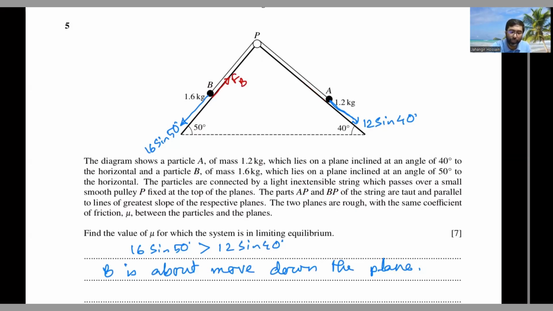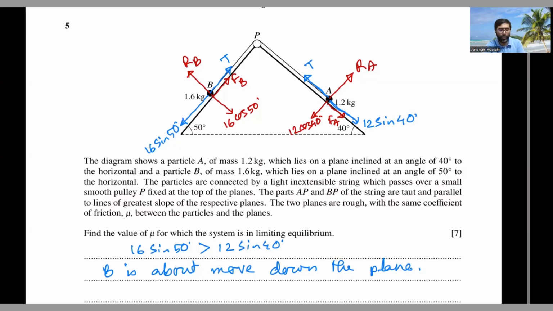The normal reaction on B is equal to the normal component of weight, which is 16 cos 50, and the normal reaction on A is equal to 12 cos 40. And apart from these forces, there is also tension from the string acting on the two particles.